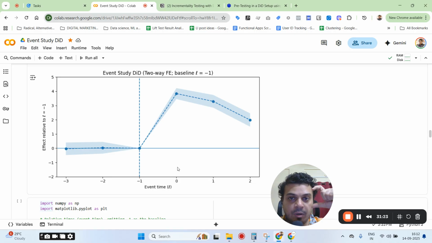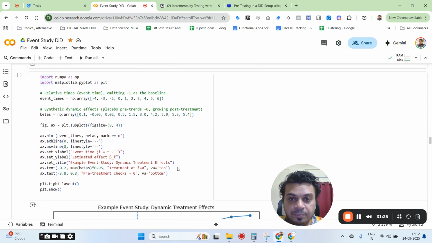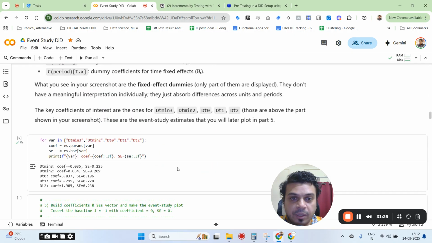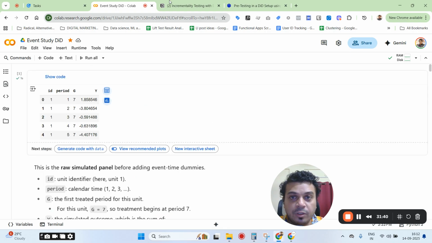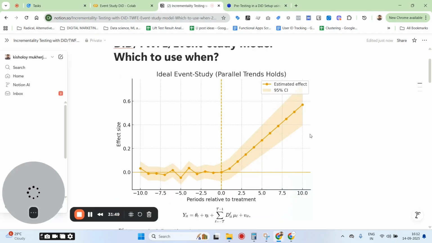These are called dynamic treatment effects, by the way. The analysis we did on dynamic treatment effects means, as I mentioned with the example of the event study plot, that you can have staggered treatments at different time periods, so different units get treatment at different times. Suppose you have different markets, say UK, Belgium and France, and you want to compare among them.